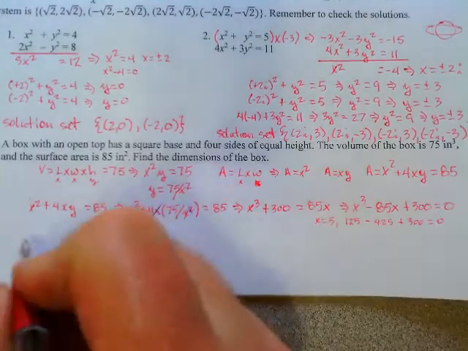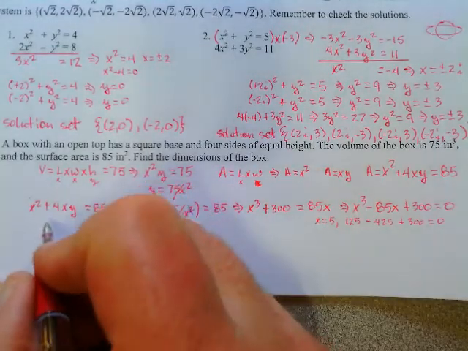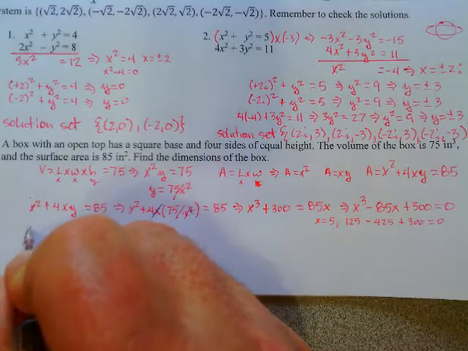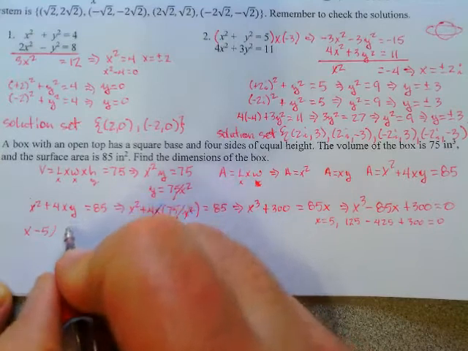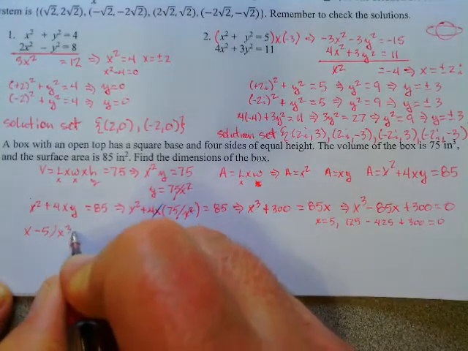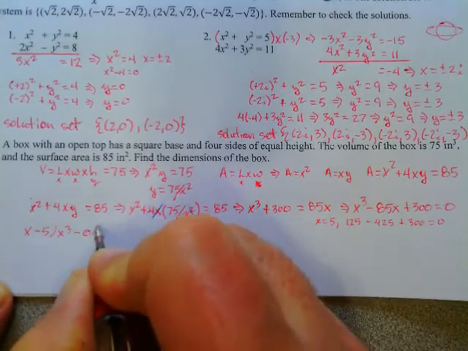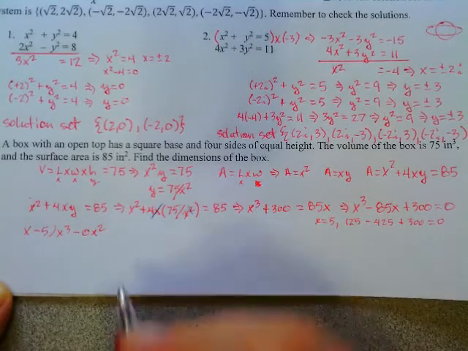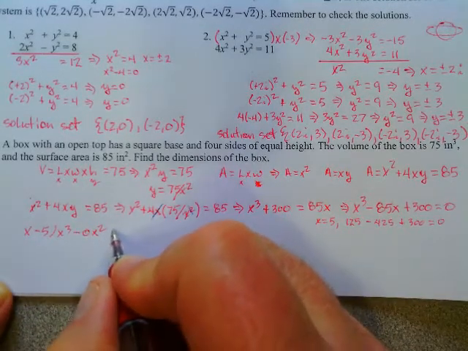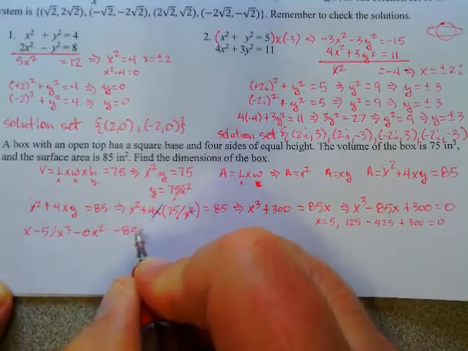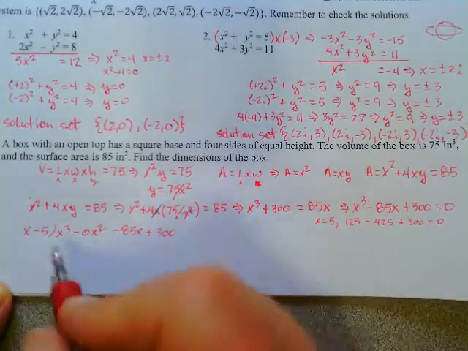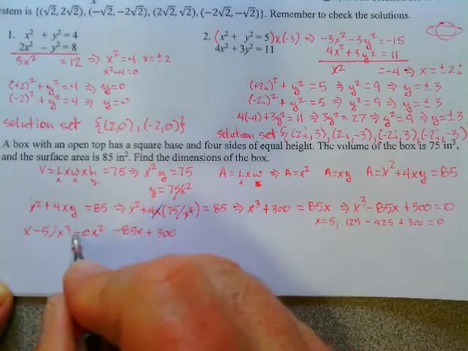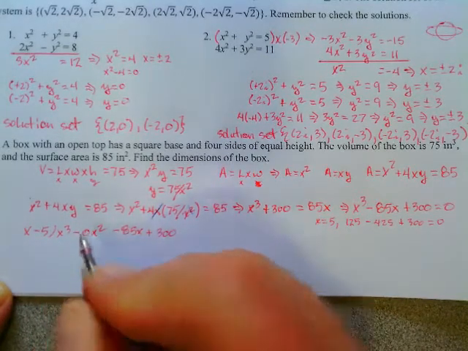So now we can do a little bit of long division to see if we can simplify this problem just a little bit. And so we'll have x cubed subtract 0x squared. Remember, we always have to fill in the missing degrees. Subtract 85x plus 300.